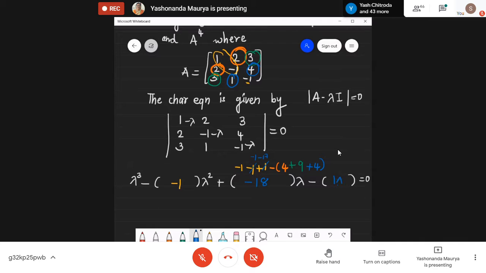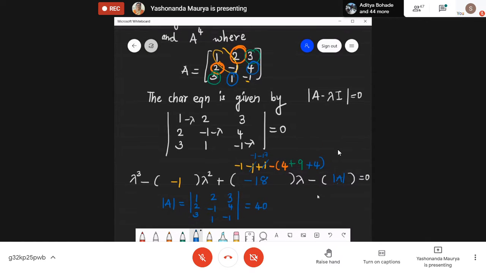The determinant of A. Now please tell me what is the determinant of this A matrix? 40. Okay. So this determinant turns out to be 40.